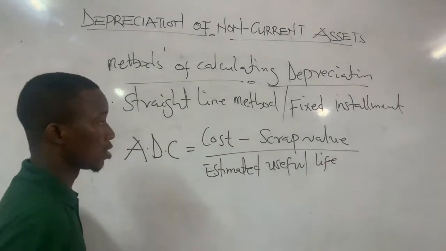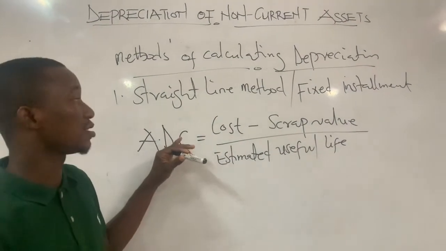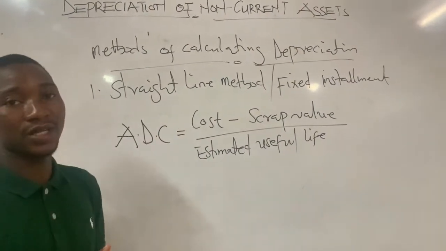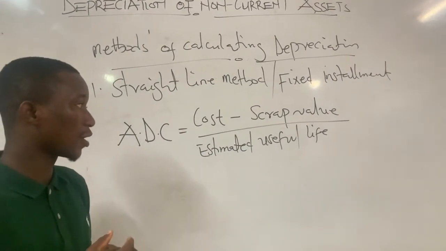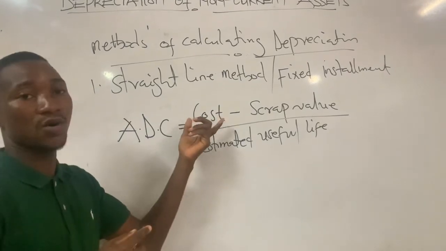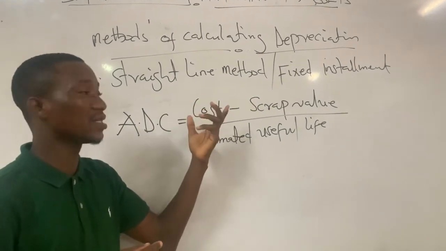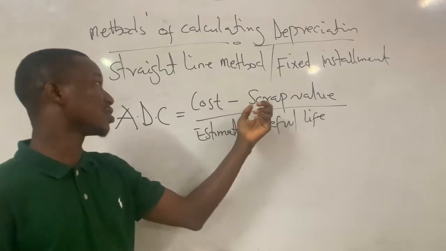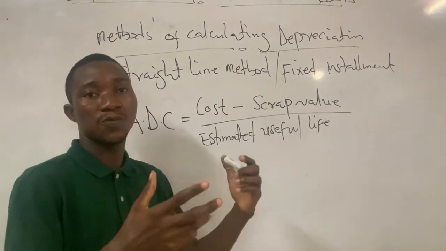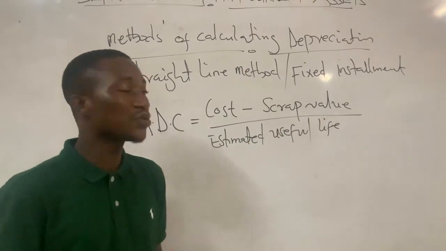Okay, so this is the formula for calculating depreciation using a straight line method. Is that okay? So the cost is what you actually purchase the asset for, the scrap value is the value you think you may dispose of the asset for after it has been used in the business.